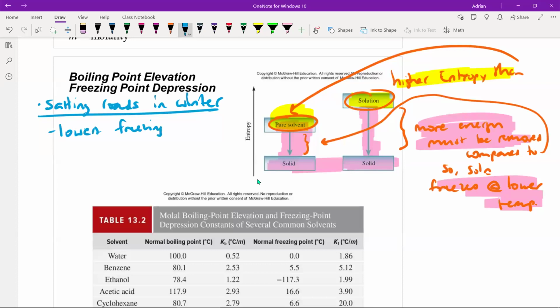Or maybe you salt your driveway at home. What that does is lower the freezing point of water, so that in order for the water to freeze into ice, it needs to get a lot colder. So the water stays as a liquid at a much lower temperature, and it doesn't ice over as quickly.